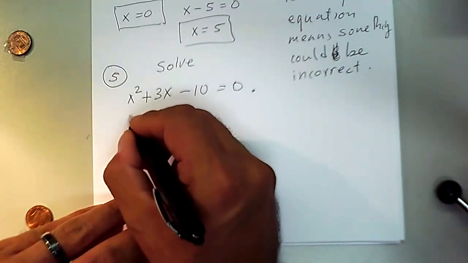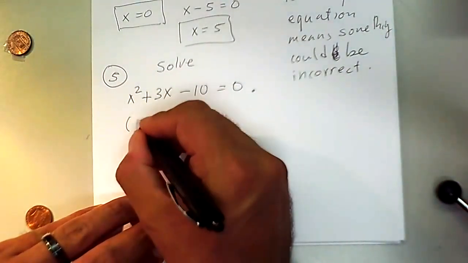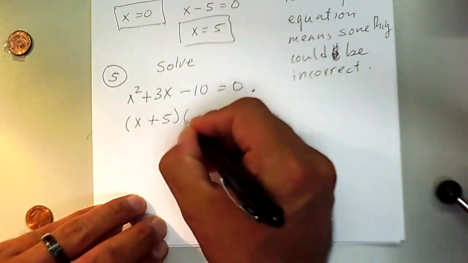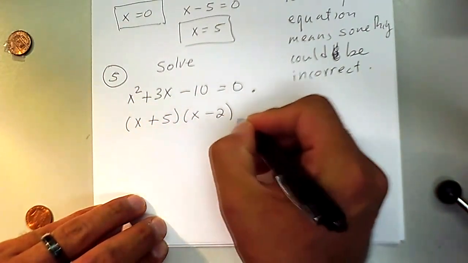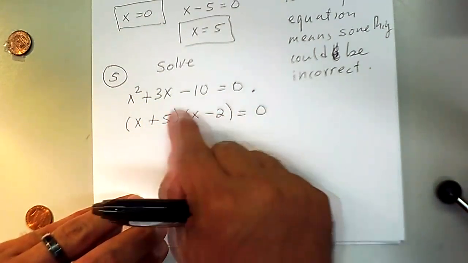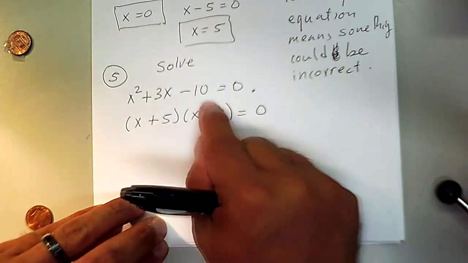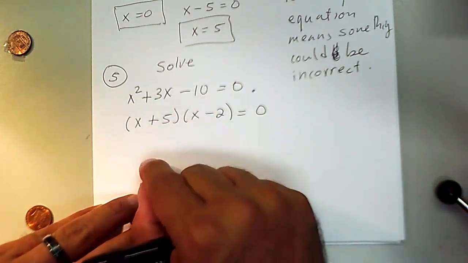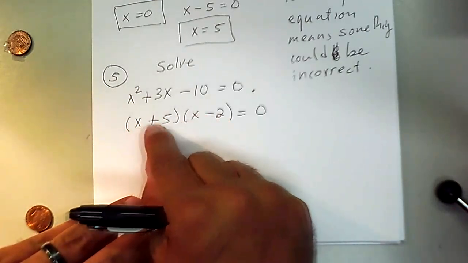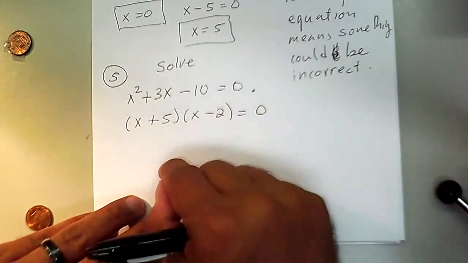So we can factor. Now, it takes a little bit of skill to factor. I think x plus 5 and x minus 2 is the only way to do it, because 5 minus 2 is 3, and 5 times negative 2 is negative 10. So I think that will do it. If you write down x minus 2 first and x plus 5 second, we're good.